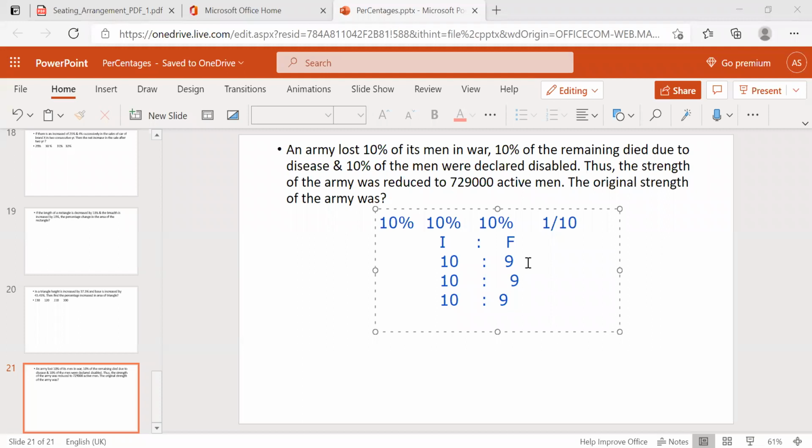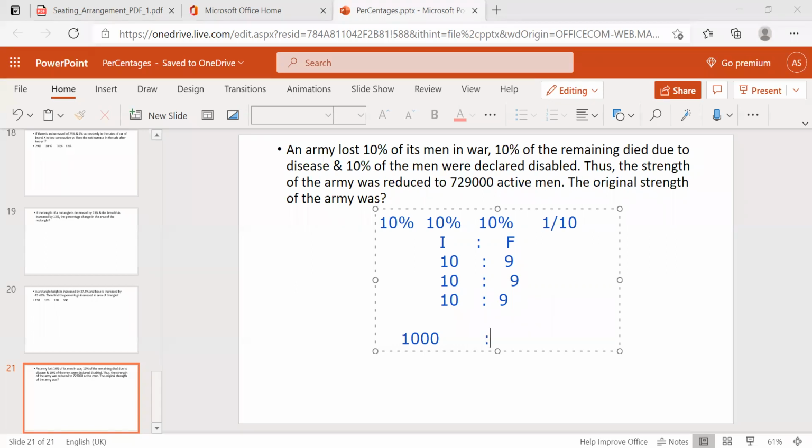So 10 into 10 into 10. 10% is decreased, 10% is decreased, and 10% is decreased. The 3 times into 10 parts: 10 into 10, and 10 into 10 into 10, it's 100, and into 10, it's nothing but 1000 parts. 1000 parts is decreases.